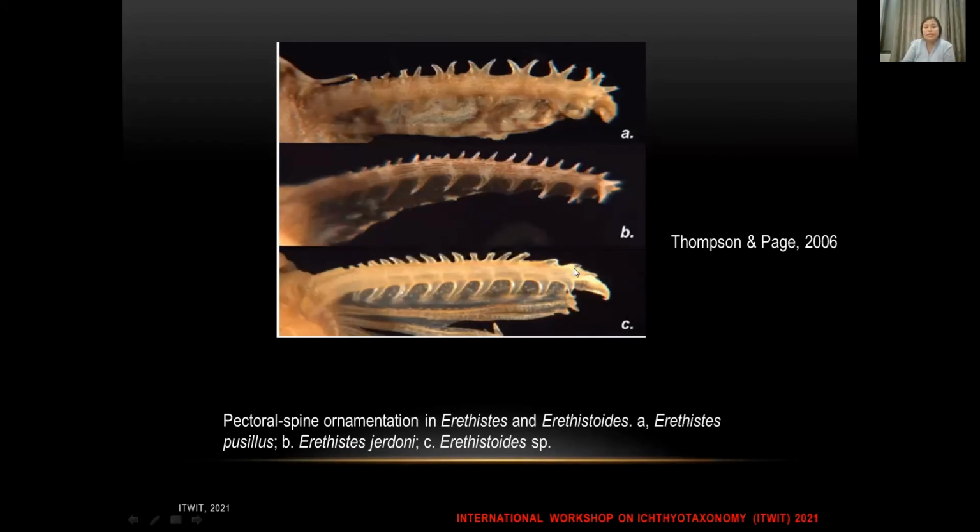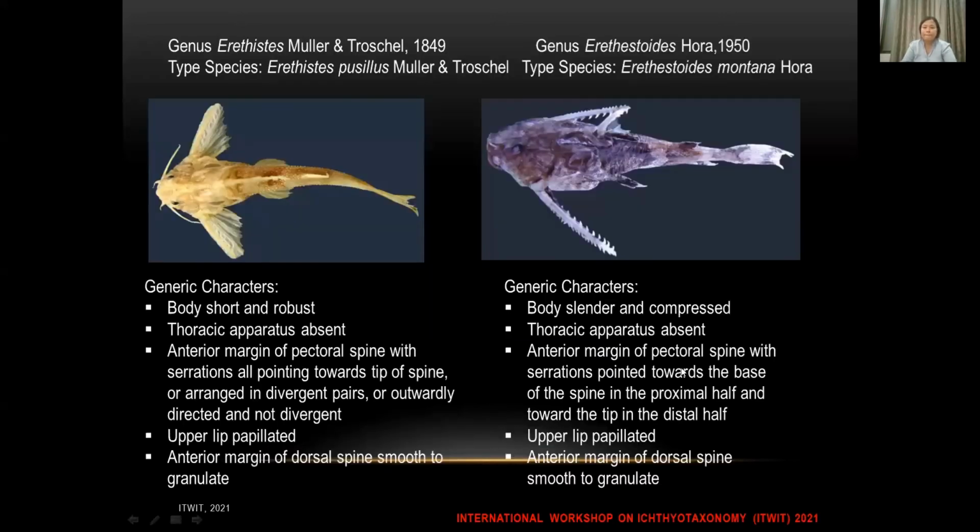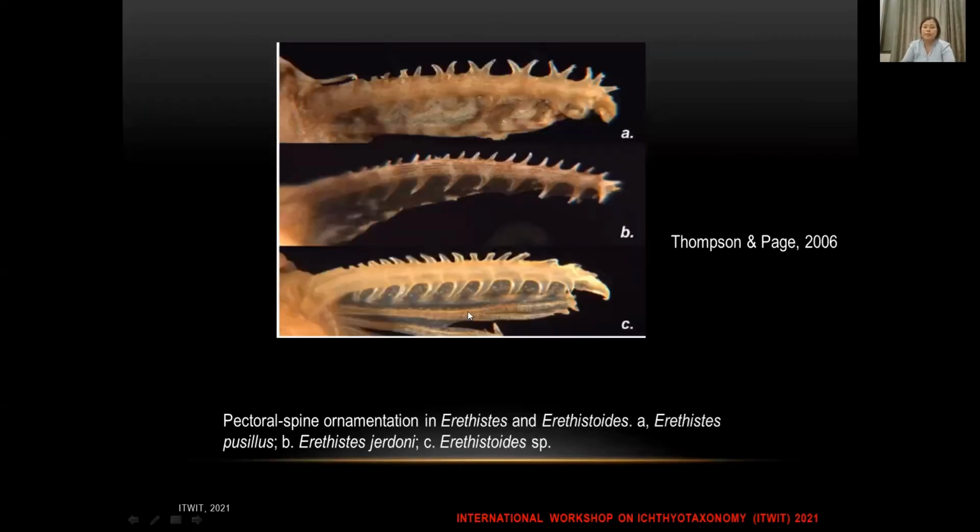Then another one is Erythistoides. C is the spine of Erythistoides. The anterior margin of the pectoral spine has serrations pointed towards the base of the spine in the proximal half and towards the tip in the distal half.